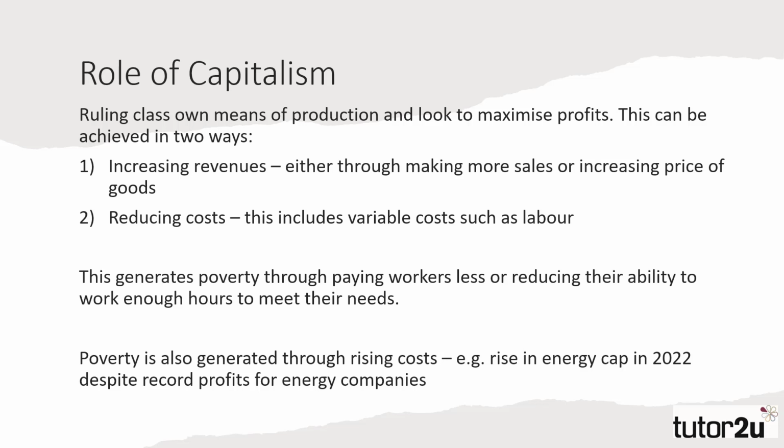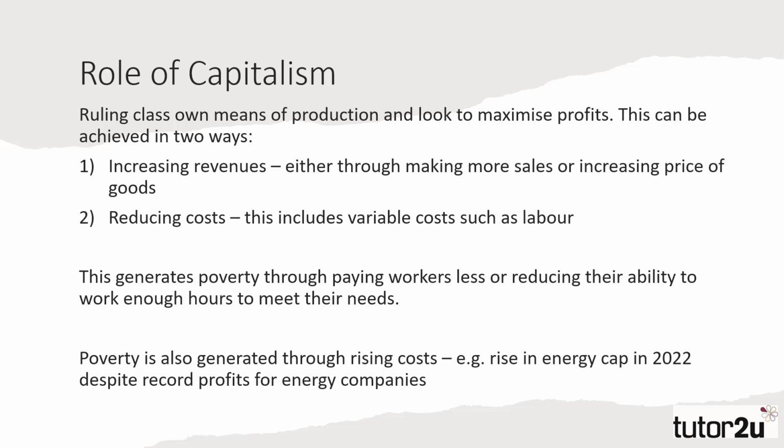Now, this could be through technological innovation or securing lower fixed costs of machinery or factories, but it's most likely to be done through reducing variable costs, and this includes labour. Workers may be exploited to work longer hours or produce more, or could simply be replaced with cheaper workers. This has a dual effect in creating poverty, as workers earn less while having to meet rising costs, meaning less disposable income.